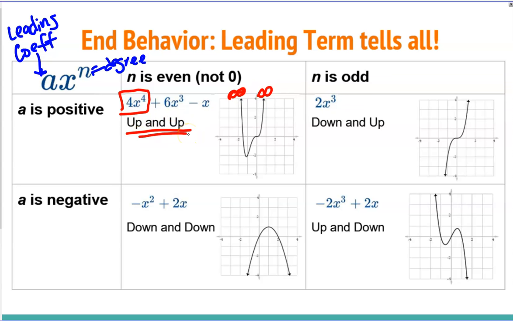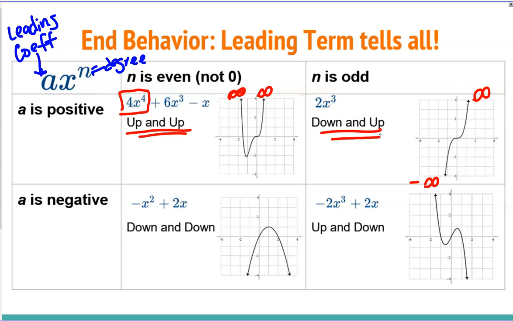All right. Second example here, my leading coefficient is still a positive number. It's positive 2, but now my exponent is a 3, which is an odd number. So because of that, it's going to start down at negative infinity, and it will end in the positive direction. So our end behavior is down and up.